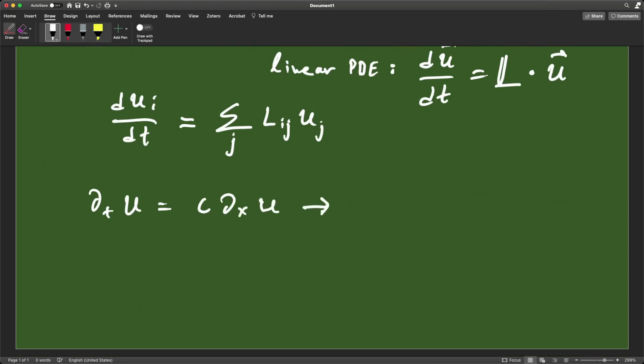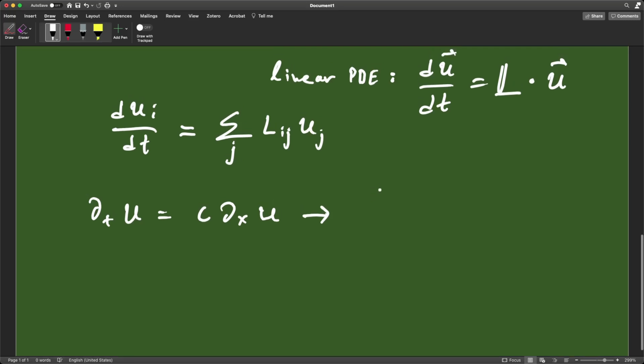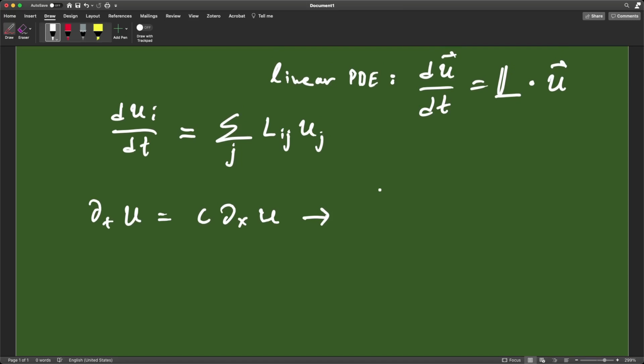Upon discretization in space, this will become an equation of this form, du by dt equals c, and then partial x will become a derivative matrix that we have seen earlier, dotted onto the vector u.